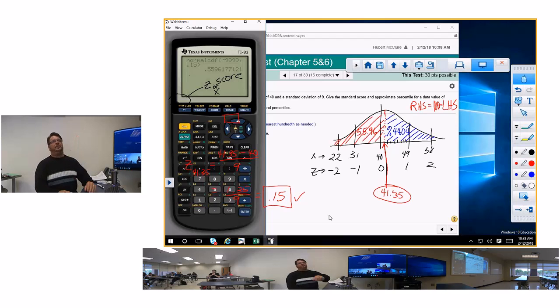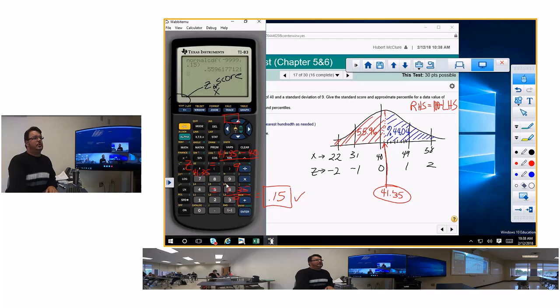Let's say we wanted to find the right-hand side. And we would hit second entry, which is second enter. And then I'd go into it and change it. And I'm going to go from 0.15 to what? Positive 99999.